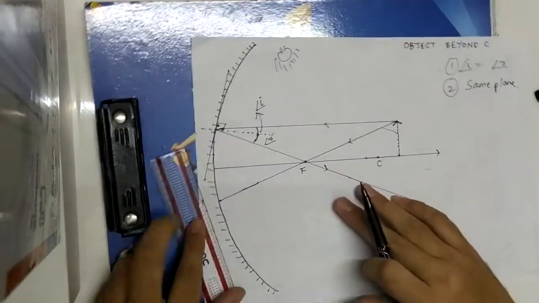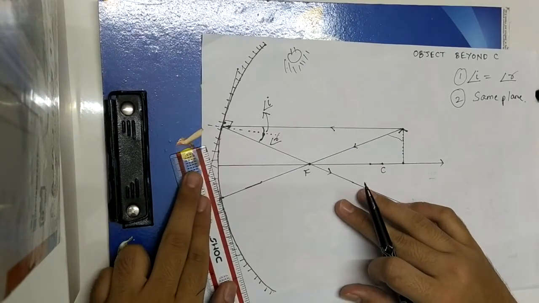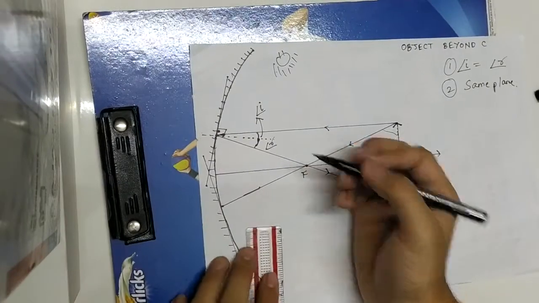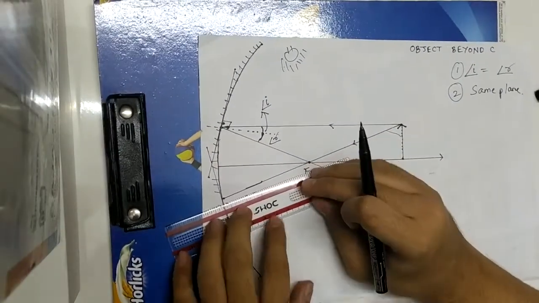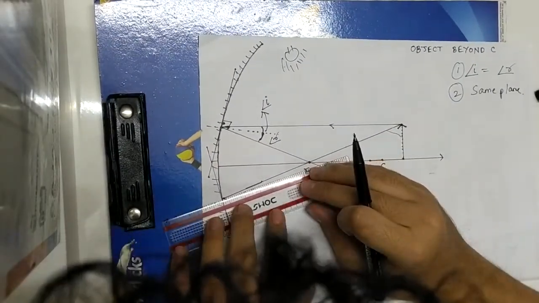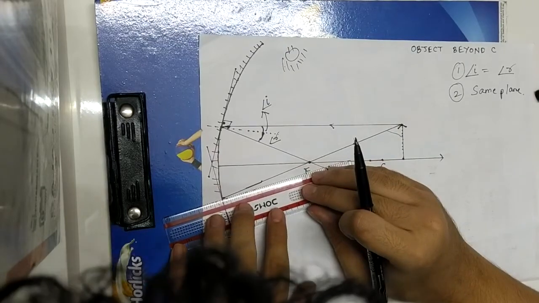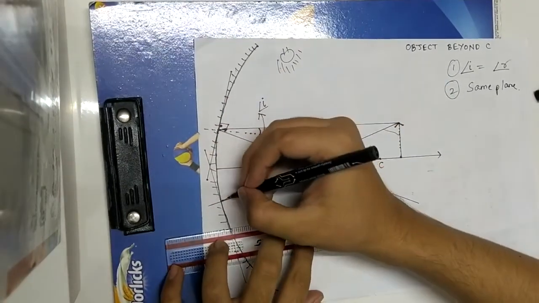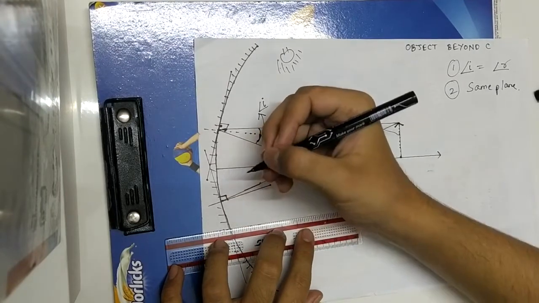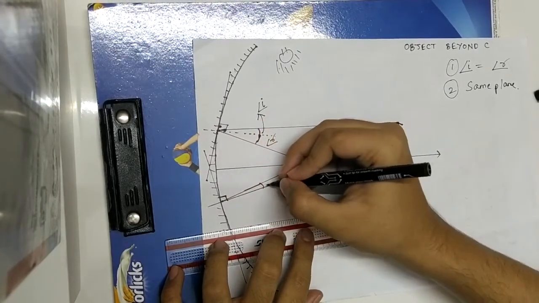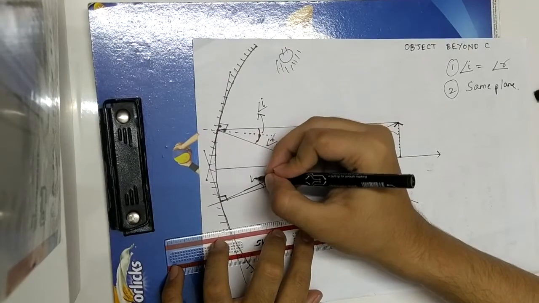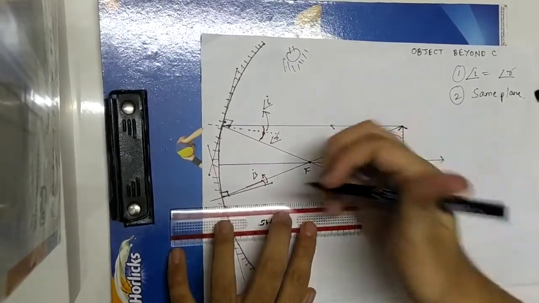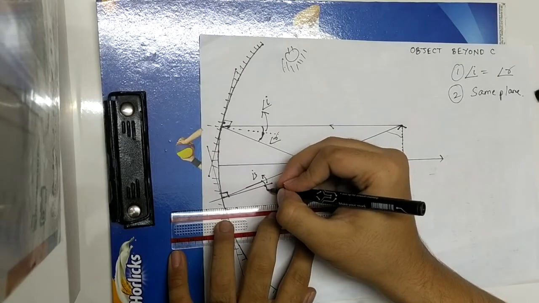Again we have to draw a tangent, and again a normal to it. So this is the angle of incidence. The angle of reflection also has to be the same here.